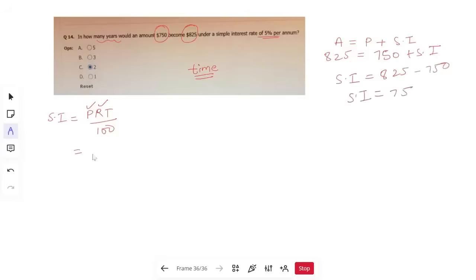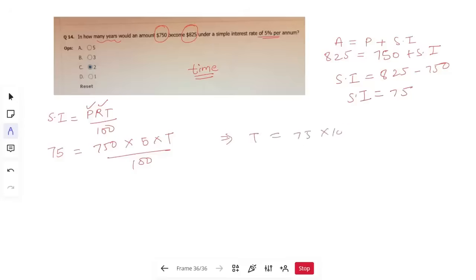Now we will put this value of simple interest here and we will try to find the value of time. So the principal amount is what? The principal amount is again 750, and then we have rate as 5% per annum, and we have time that we need to find out, divided by 100. Let's see how we can find it out. So T we will keep here and the remaining things we will send over there.